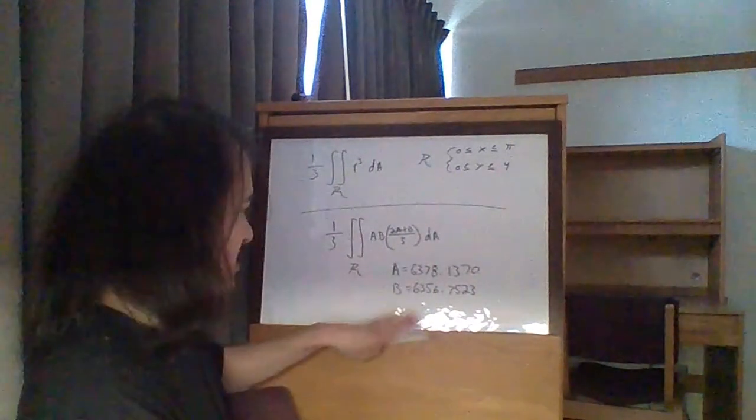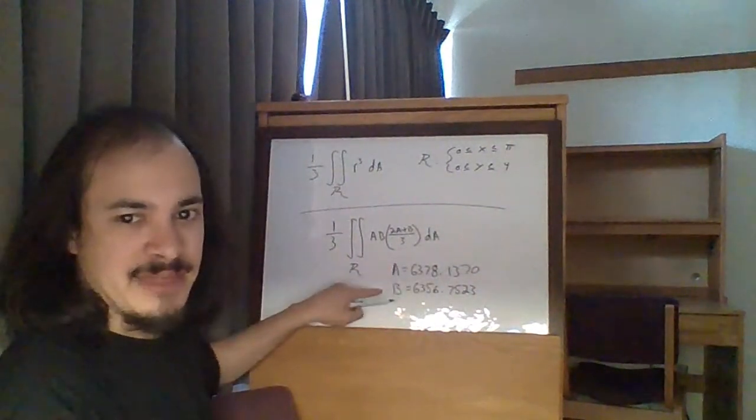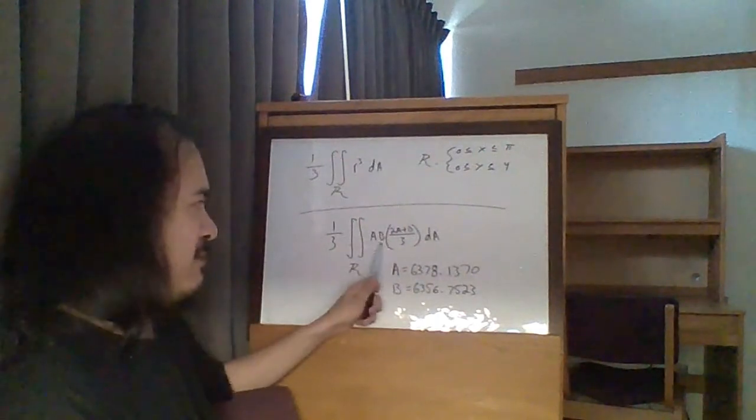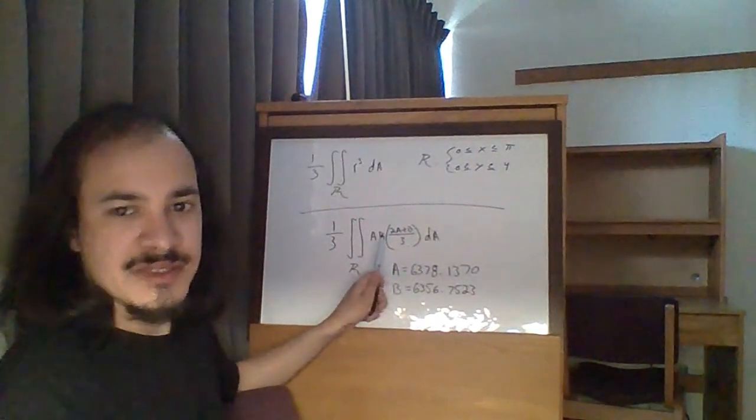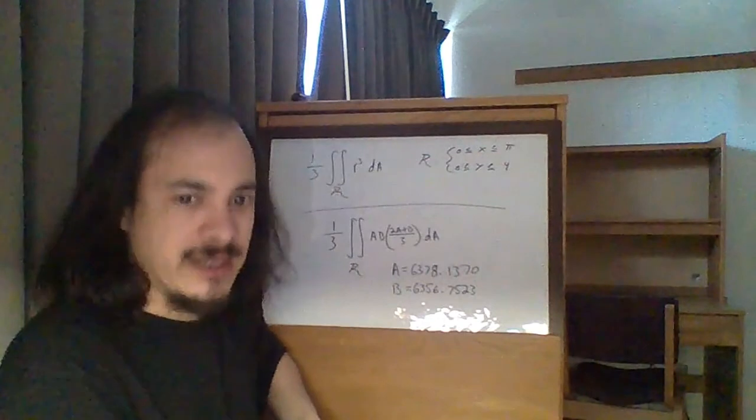Those are the two numbers that you plug in for A and B, where you have AB times 2 times A plus B over 3.